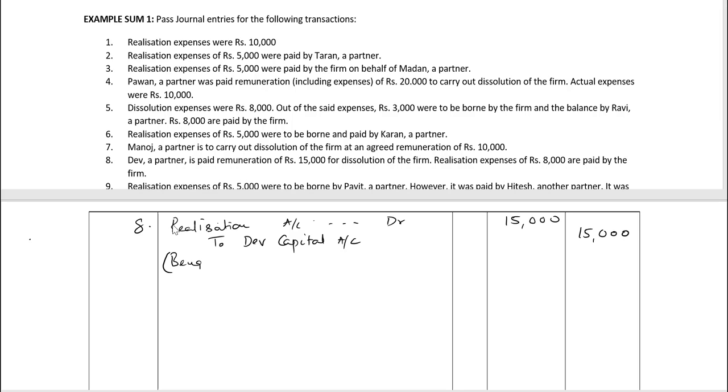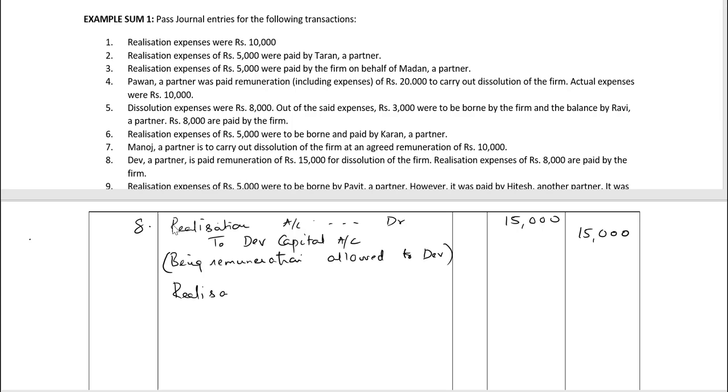Being remuneration allowed to Dev. It does not say that the remuneration includes expenses. So the actual expenses of 8,000, which is paid by the firm, the firm was supposed to bear it in the absence of information. So expenses borne by the firm and paid by the firm, realization to bank account.